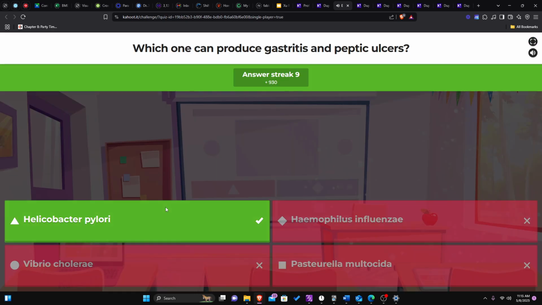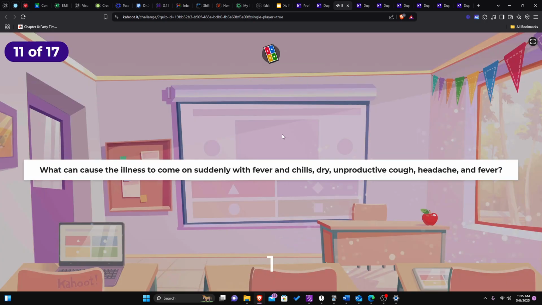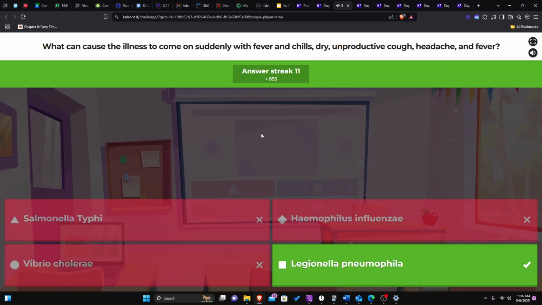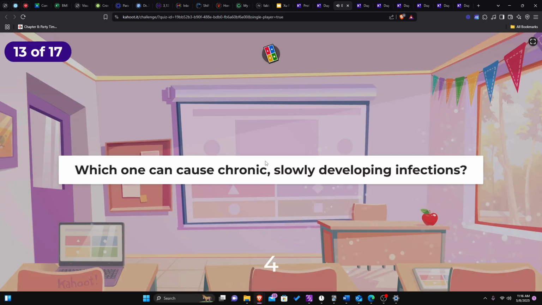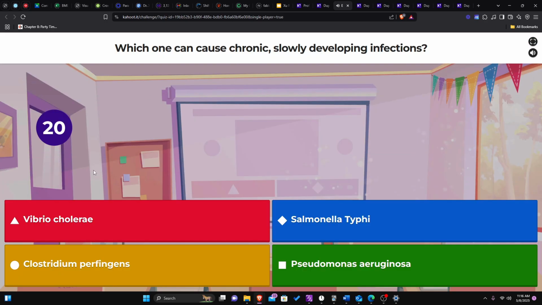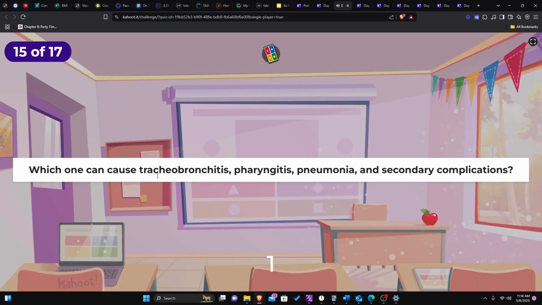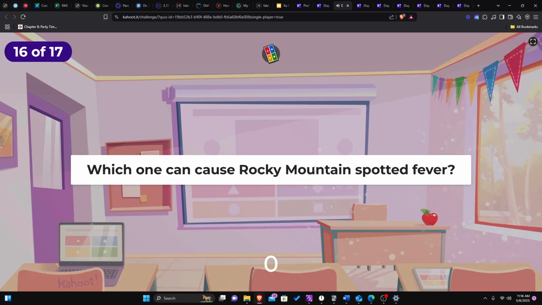Gastritis, peptic ulcers, H. Suddenly with all these symptoms, Legionella, botulinum clostridium, slowly developing infection, clostridium, relapsing to something with recurrence, something with pneumonia in it. Ketsy or Ketsy.